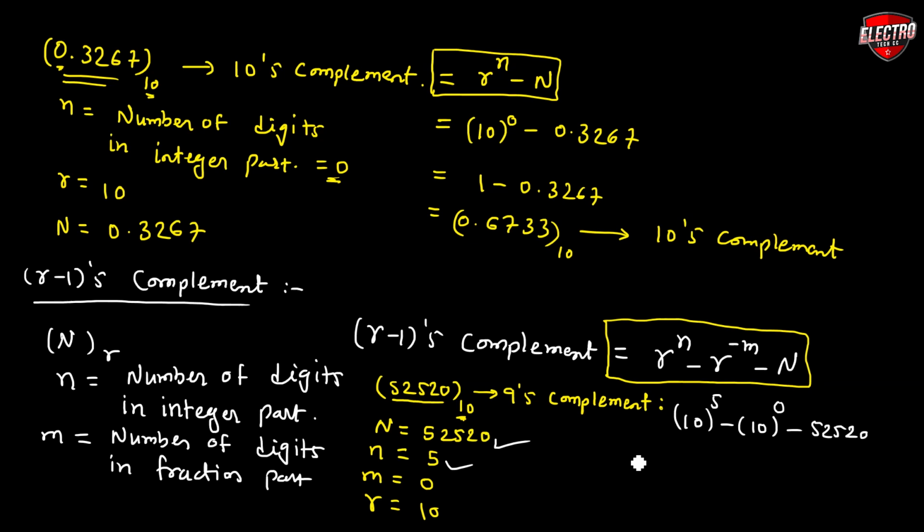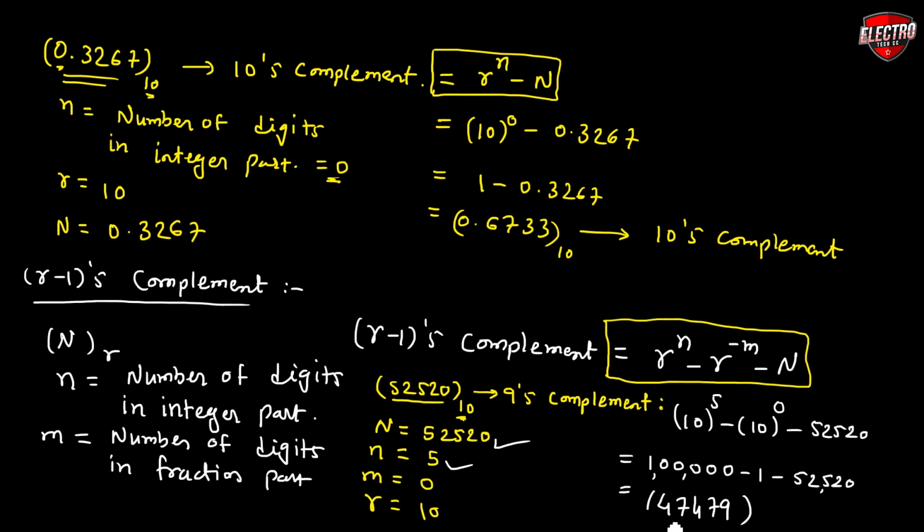If we simplify, 10 raised to 5 is 100000, minus 10 raised to 0, which is 1, minus 52520. If we simplify this, we get 47479.